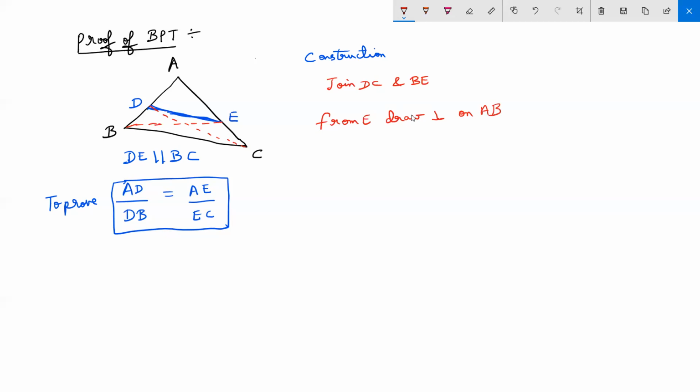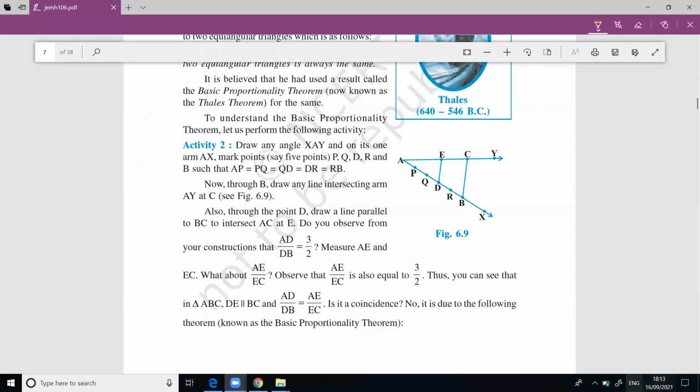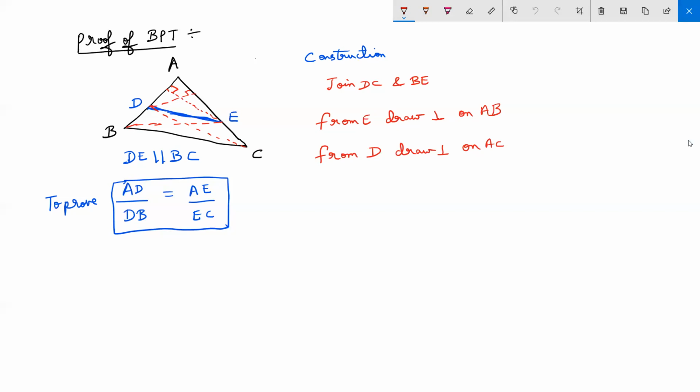Is it clear? From E, you will draw a perpendicular on AB, like this. Similarly, from D, you will draw a perpendicular on AC, like this. Now this is the construction, this you have to do.